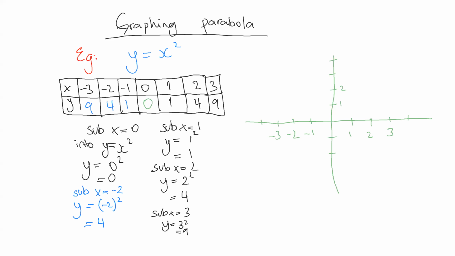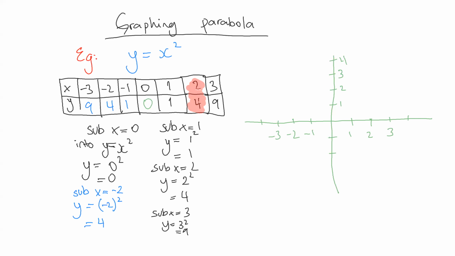So one thing you need to know when we have a table of values is that each combination you have, let's use the 2 and 4 combination, is actually a coordinate on our graph. Let's put that into our graph, and you'll see what I mean.